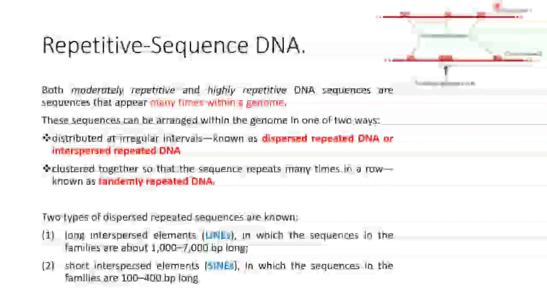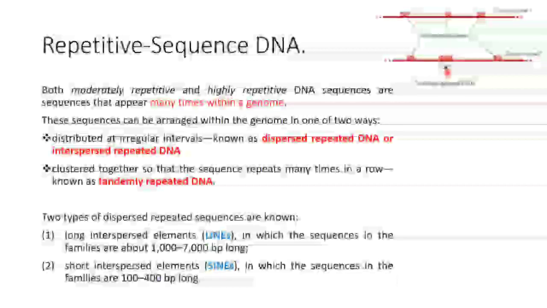Sometimes, look with me at the figure, guys, if these sequences are distributed at irregular intervals, randomly distributed at irregular intervals, we call them interspersed or dispersed repeated DNA sequences. In contrast, if these sequences are repeated several times in a row, so they are clustered together and repeat one after the other, we call them randomly repeated DNA sequences.